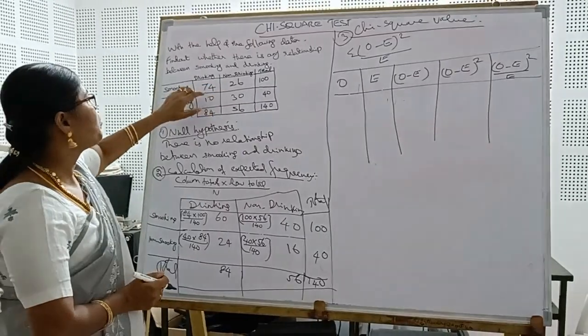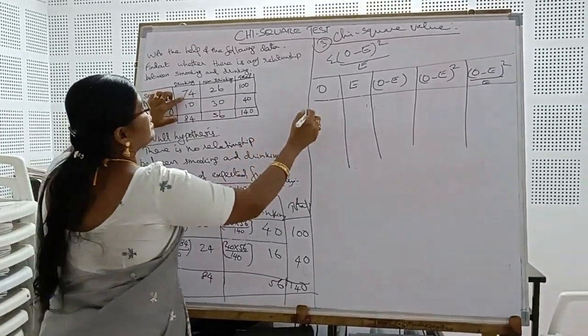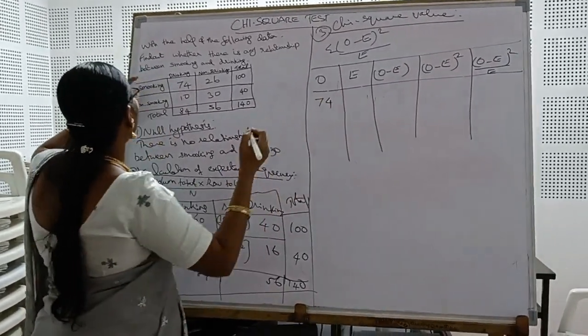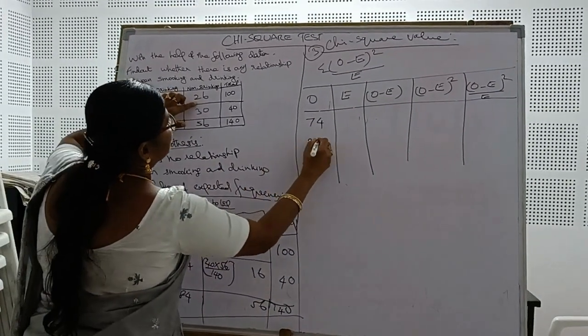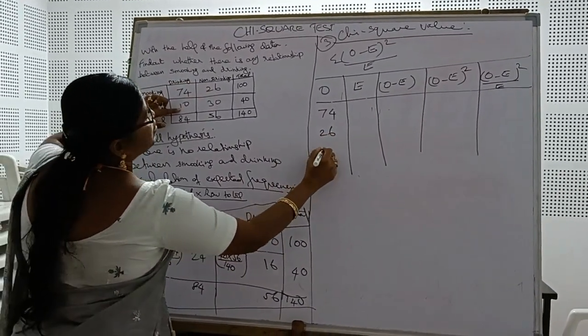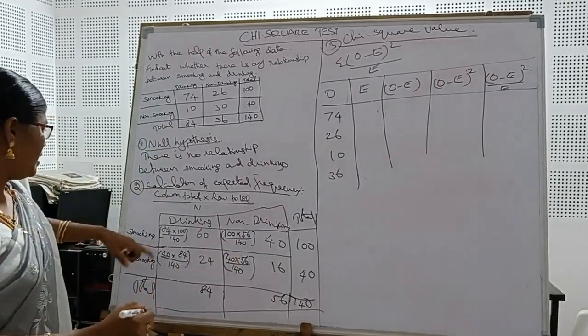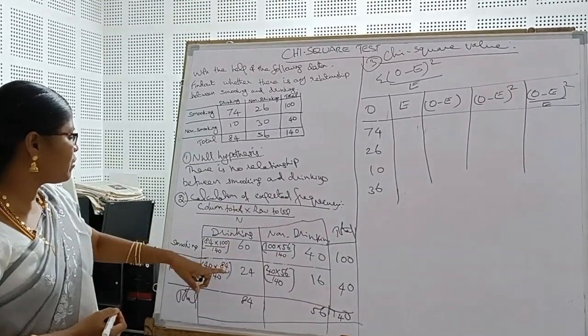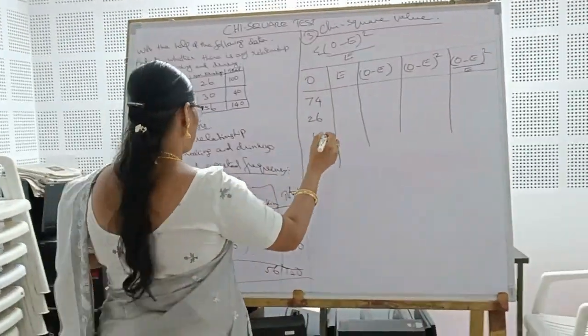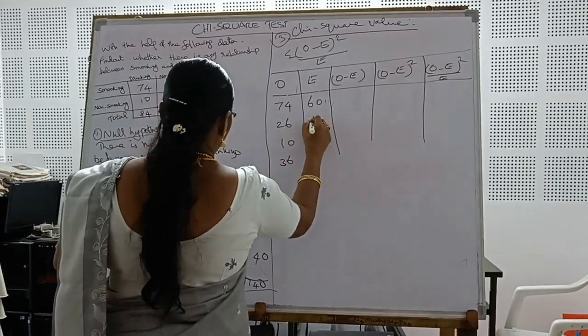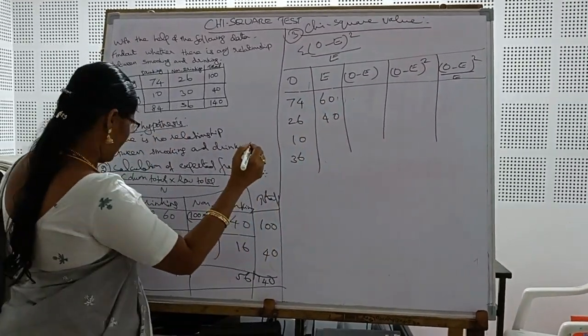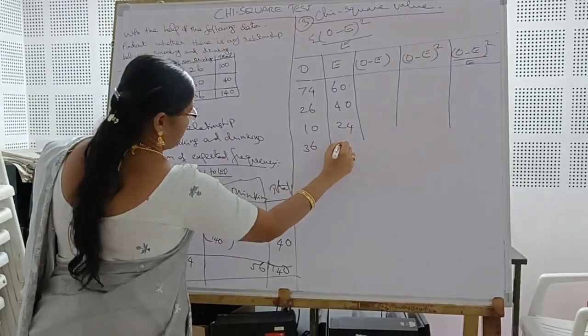So based on the problem, you have to write 74 as the first value, second value 26, and second row values are 10 and 36. And coming to expected frequency, the first row values are 60, 40, and second row 24, 16.